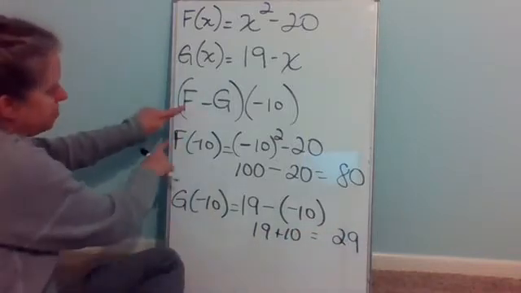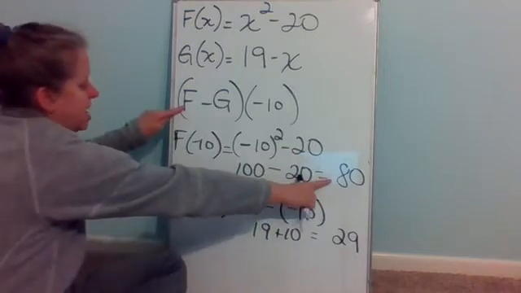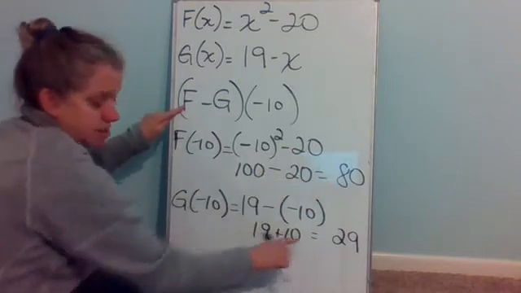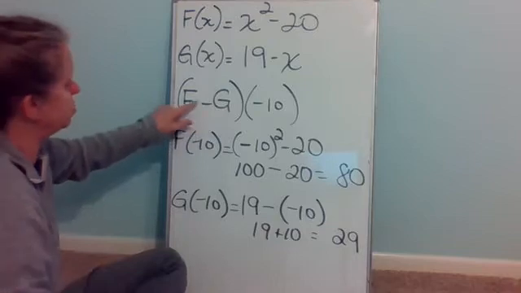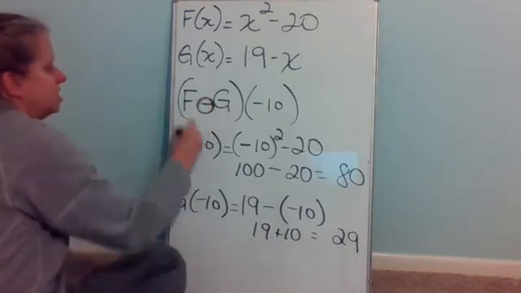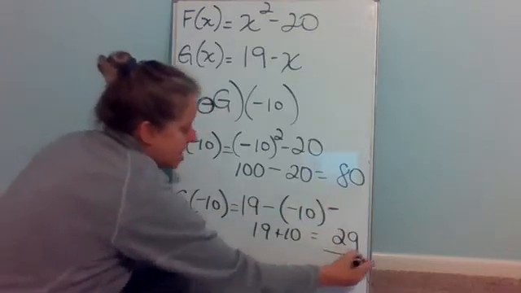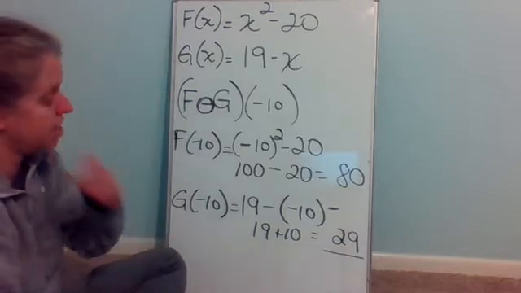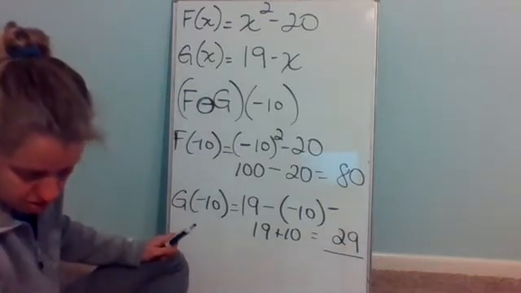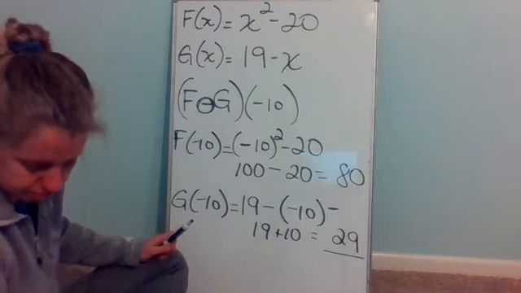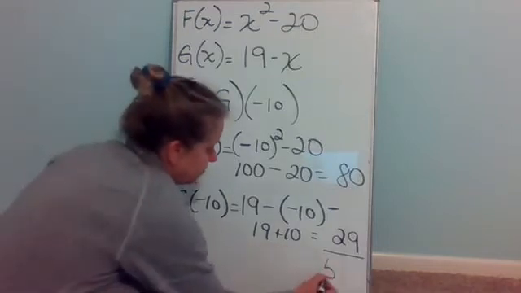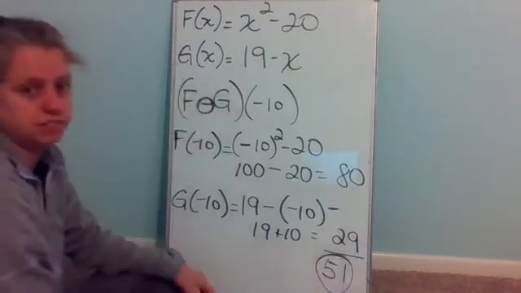So I found f of negative 10 was 80. G of negative 10 was 29, and it wants me to subtract these two. So I need to do 80 minus 29. What does that give you? Gives you 51.